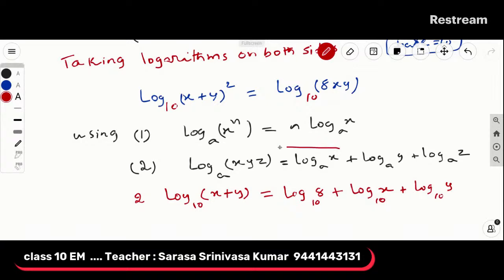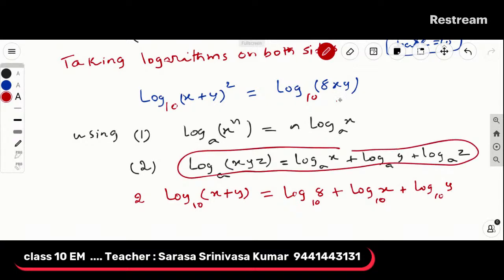Here we used the second formula on the right hand side part. The right hand side part is of the form log xyz. If it is in the form of log xyz, then we can write it as log x to the base a plus log y to the base a plus log z to the base a.